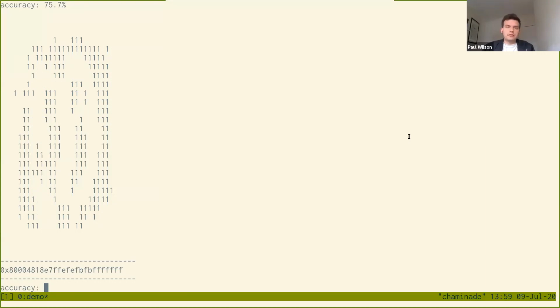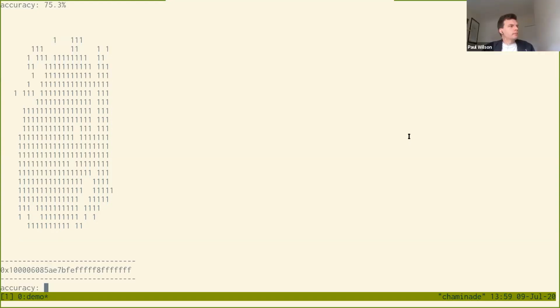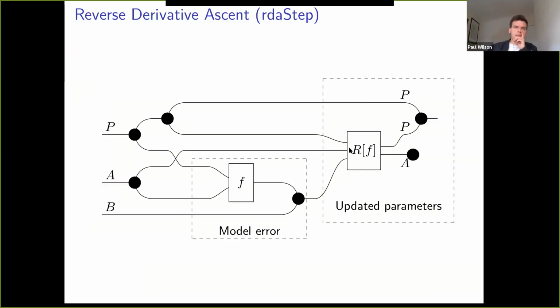Oh, so you're talking about, for example, convergence. Would it actually get to a good answer in general? Yeah, like, there's lots of properties that the reverse derivative has. Can that inform any properties of this reverse derivative ascent? That's a good question. You have this additivity thing with reverse derivative, so I think maybe there are different schemes that you could use for updating your parameters.